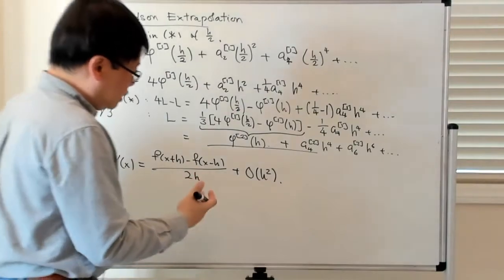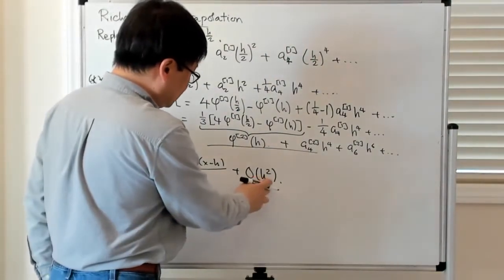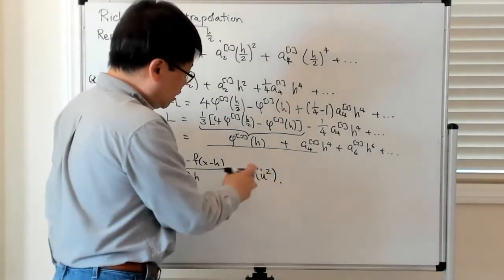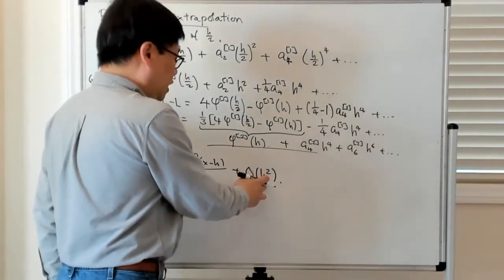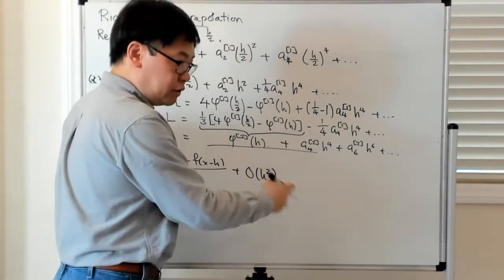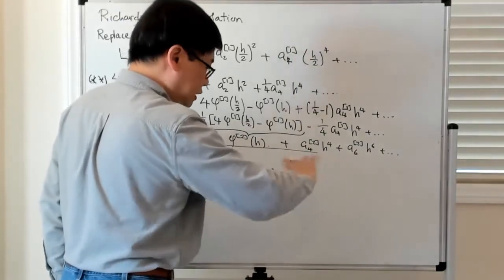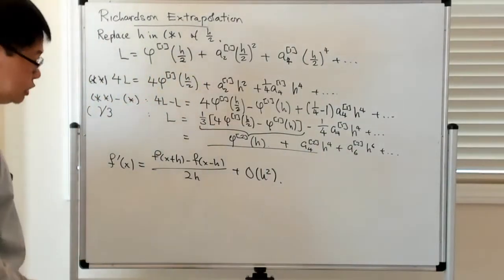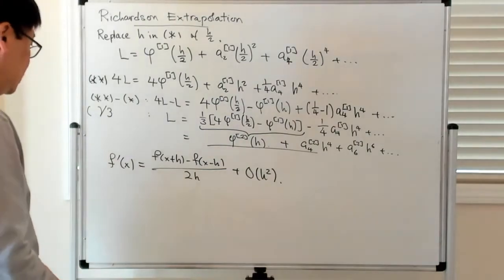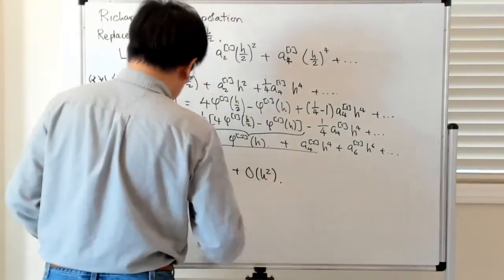In the analysis we said the terms are some constant times h squared plus some constant times h to the 4 and so on, an expansion involving even powers of h. It's not always the case, but in this case it is.